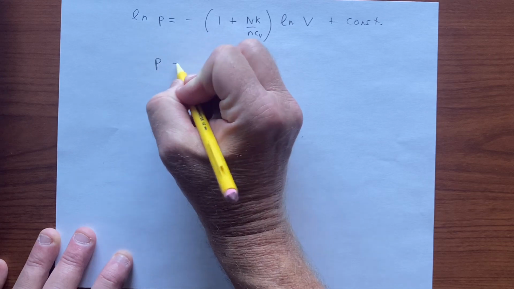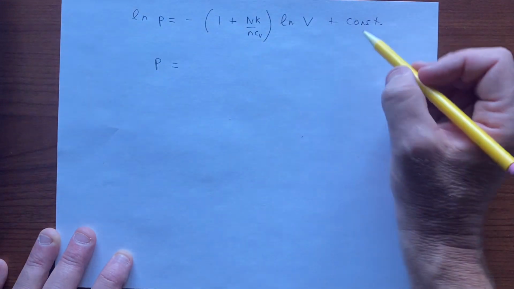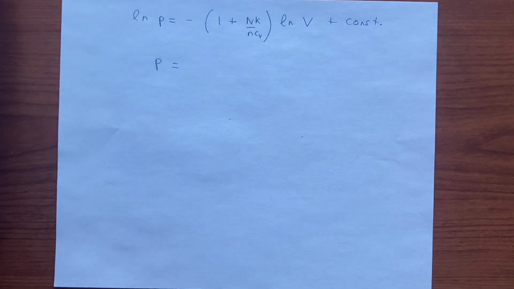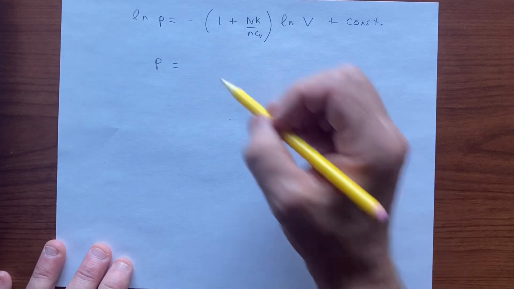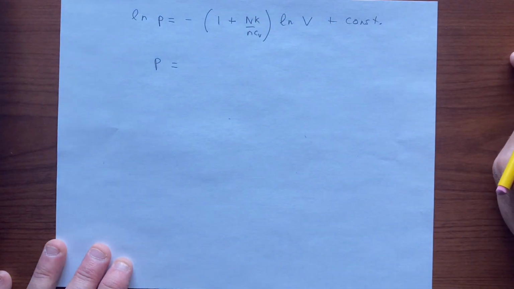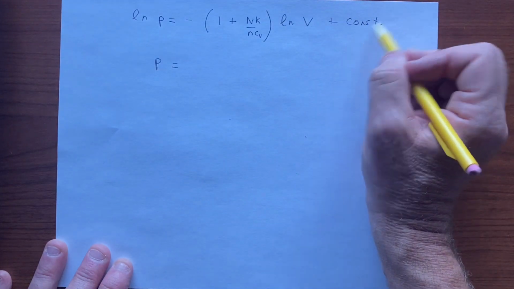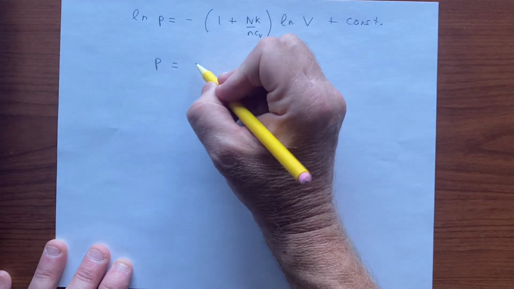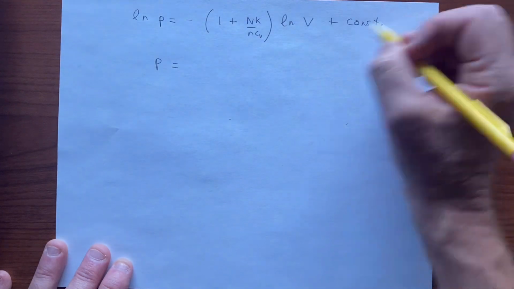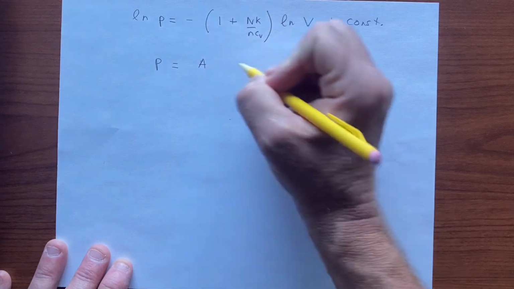So we have the exponential of this plus this, and that's the same thing as the exponential of this times the exponential of that. The exponential of the constant is just a constant, so let's just call it A.